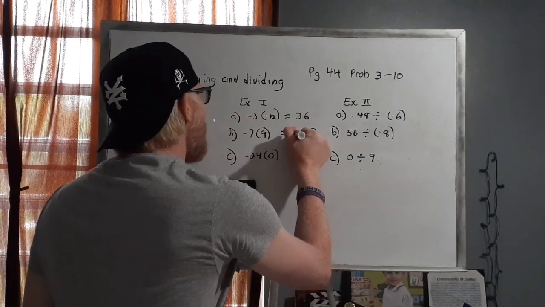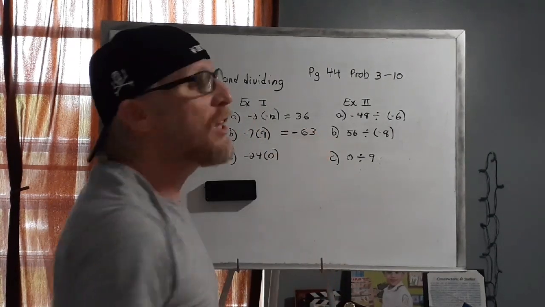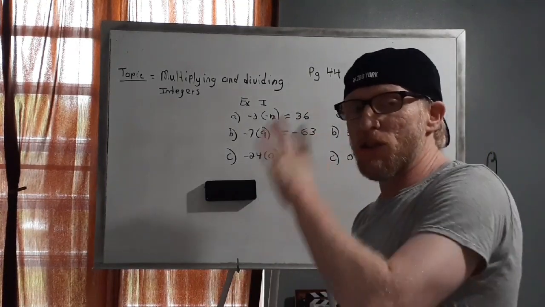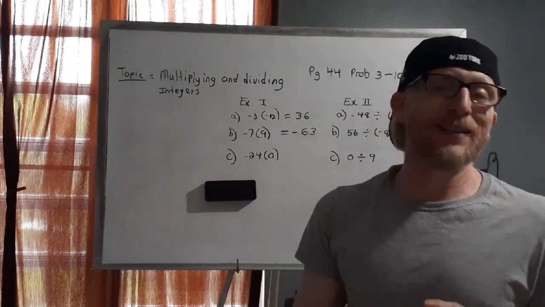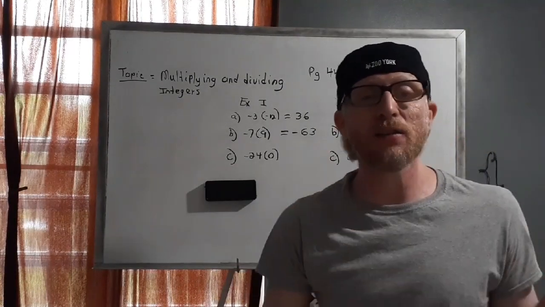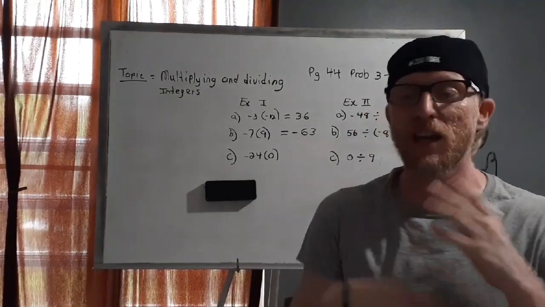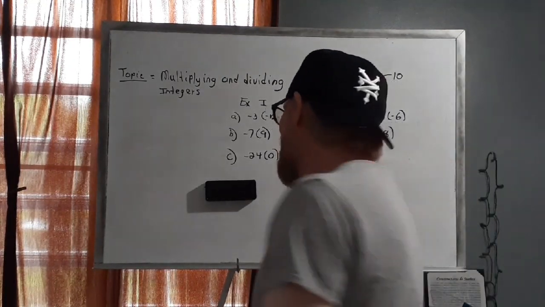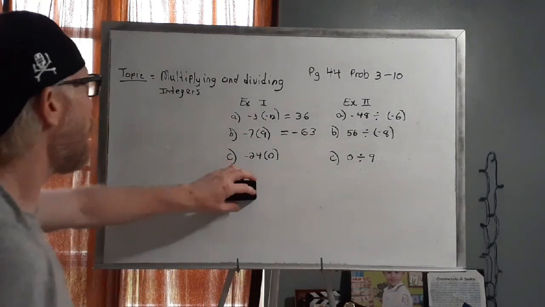So your answer is negative 63. It doesn't matter if 9 is larger than 7 or whatever. As long as you have a negative number multiplied by a positive number, your answer will always be a negative integer.